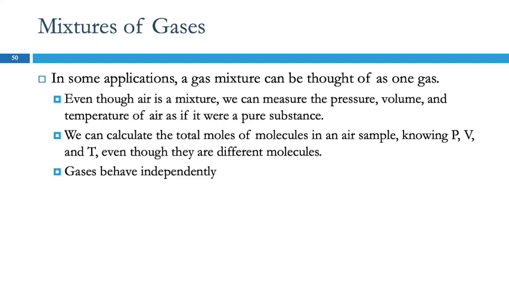So if it says there's 5 moles, that means that the moles of nitrogen plus the moles of oxygen plus the moles of argon plus the moles of CO2 add up to 5. And we can do this because those gases in the mixture behave independently of each other. And the pressure and volume is only dependent on the moles of gas, not what it is.